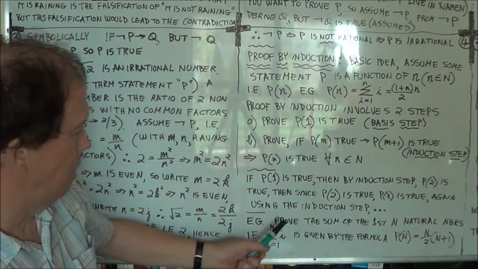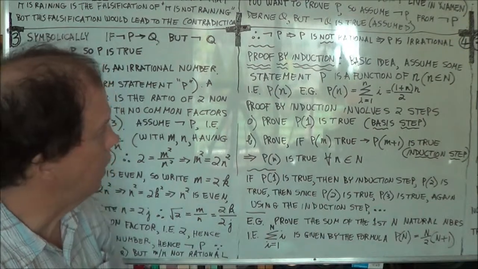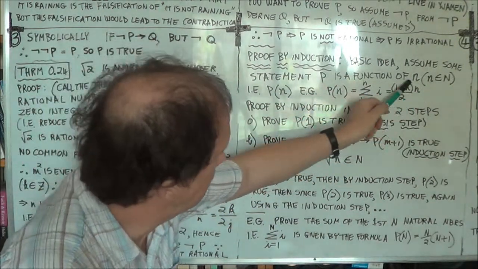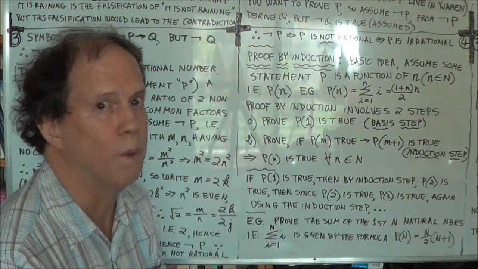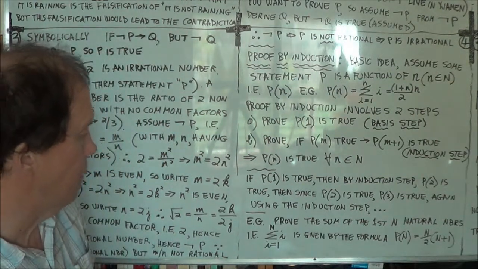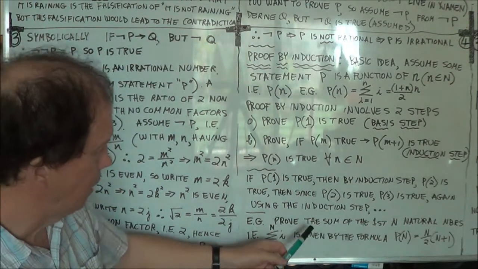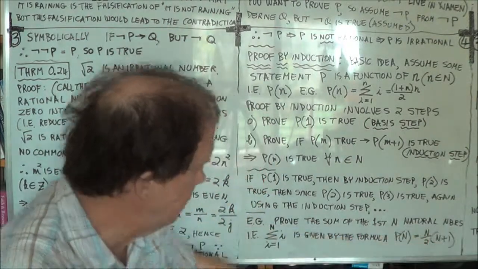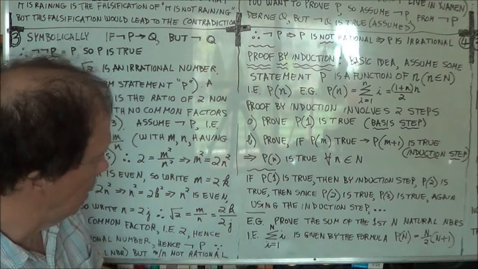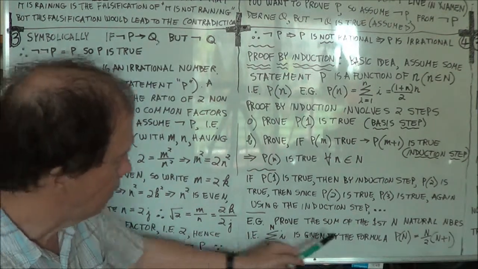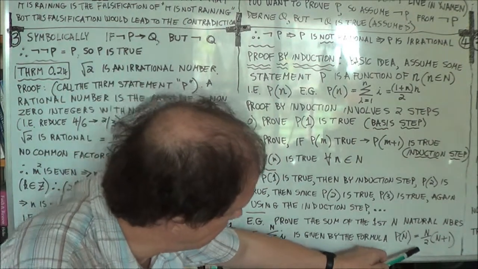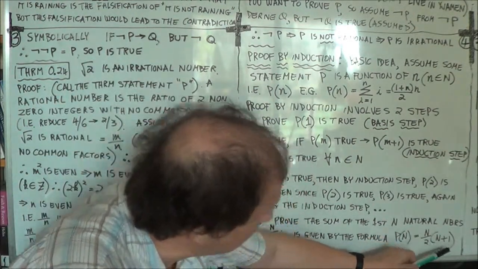Alright, so now let's actually do it, and I'll use this statement P with this formula as an example of an actual proof by induction. So you're asked to prove that the sum of the first big N natural numbers is given by the formula P of n is big N over 2 times n plus 1.